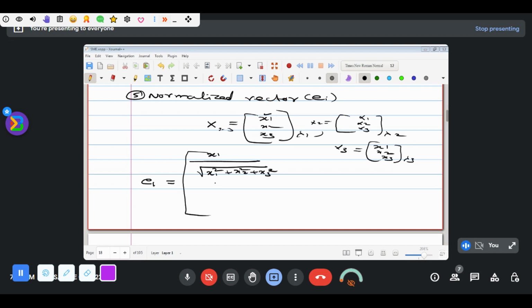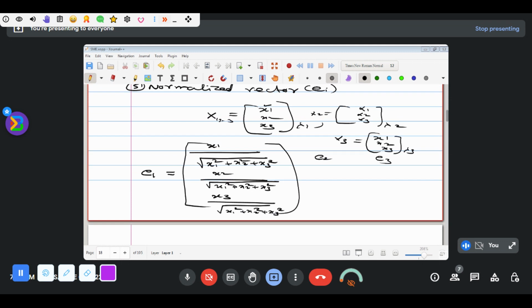Similarly, we can find x2 divided by the same denominator, x1 squared plus x2 squared plus x3 squared. Similarly, x3 divided by root of x1 squared plus x2 squared plus x3 squared. This is the E1 concept, corresponding to the x1 value. Similarly, we can find E2 and E3.